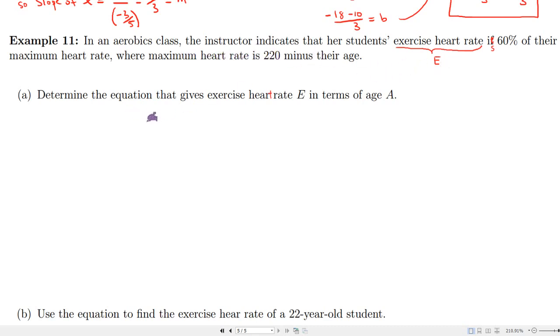so okay, what do we have right now? We have E is equal to 60%, so that's 0.60, or you could just put 0.6, times the maximum heart rate. Right? But what is the maximum heart rate?